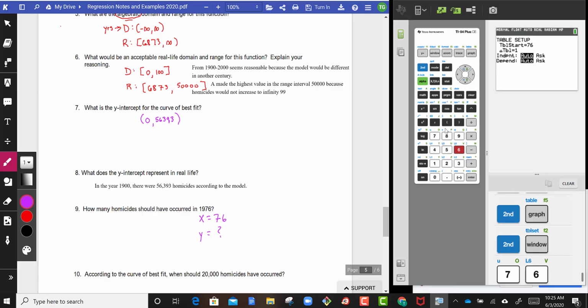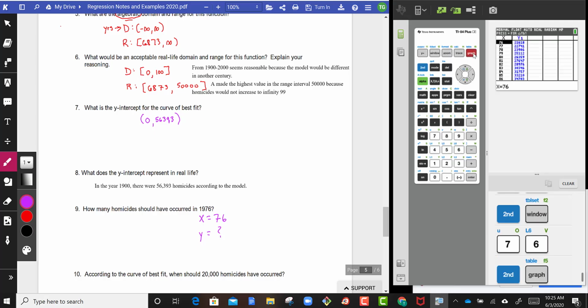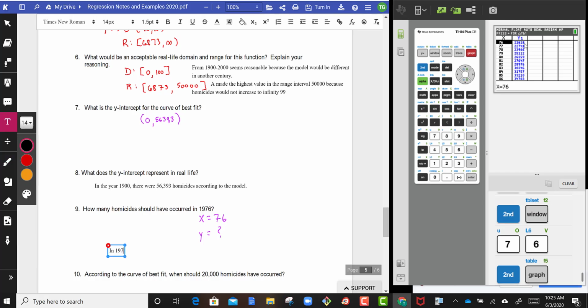And then second graph, and we can see where that number is. In 1976, there are 21,618 homicides. And again, this is according to the model.